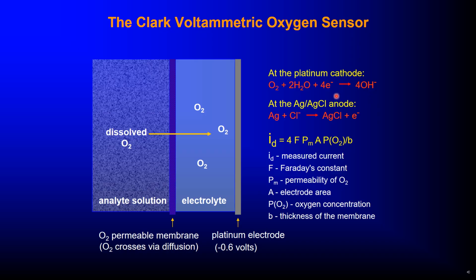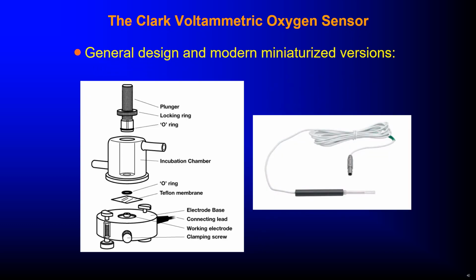The rate of electrochemical reduction depends on the rate of diffusion of oxygen from the bulk solution, which is dependent on the concentration gradient. And of course you can see the reactions at both the cathode and anode. So those are just general design and modern miniaturized versions.